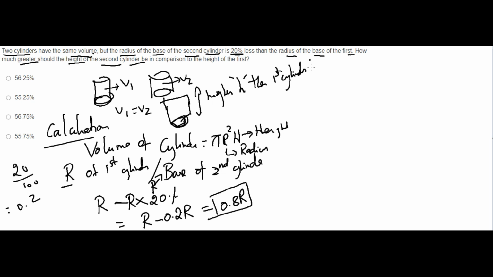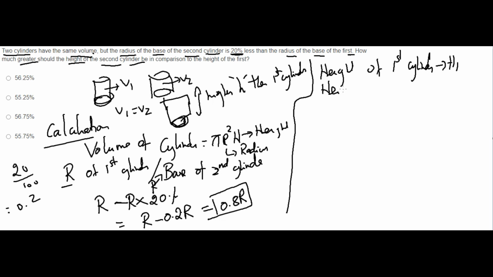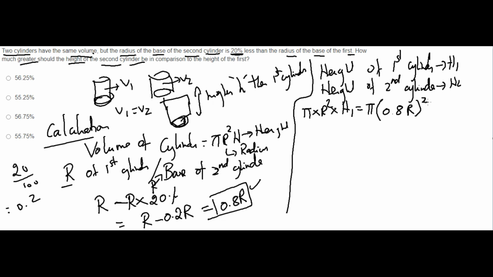Now the next one. I take the height of the first cylinder as h1, and the height of the second cylinder as h2. With this I can use the volume formula: pi r square h1 is equal to the second cylinder, pi into 0.8 r, the whole square, into h2.